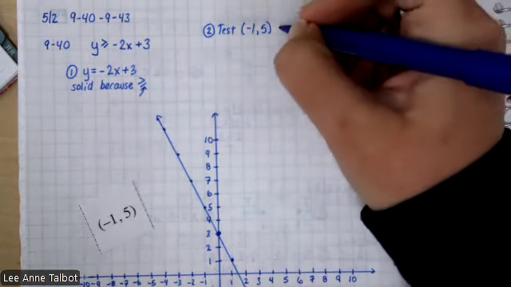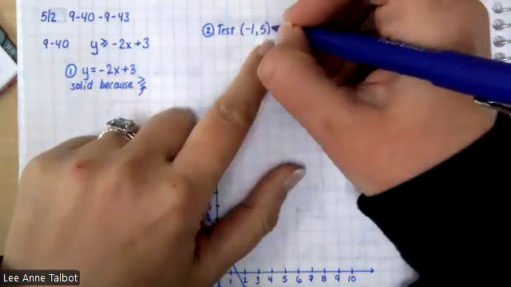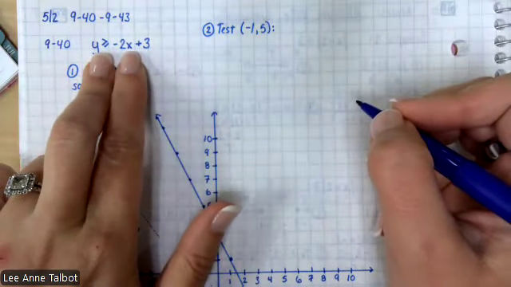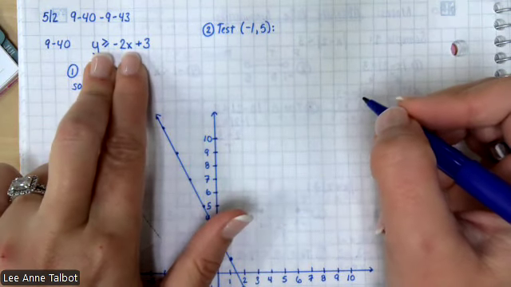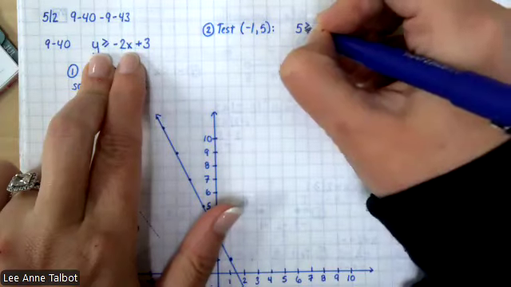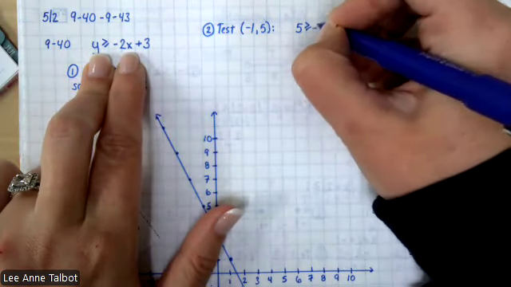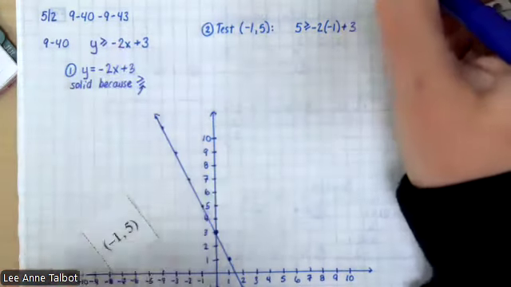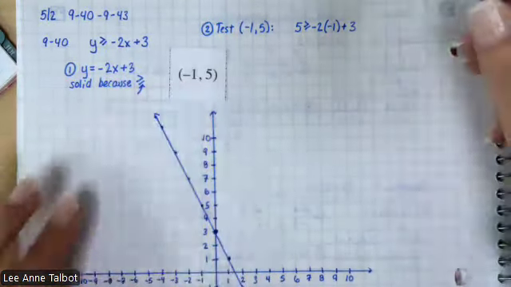Okay, and what I'm going to do is I'm going to take the -1, 5, and I'm going to plug it back into the original problem and see if it's true or false. So I have 5 is greater than or equal to -2 times -1 plus 3.